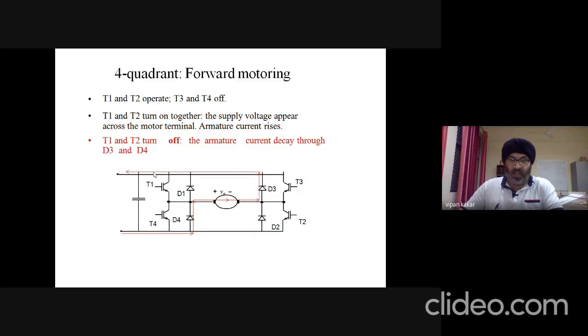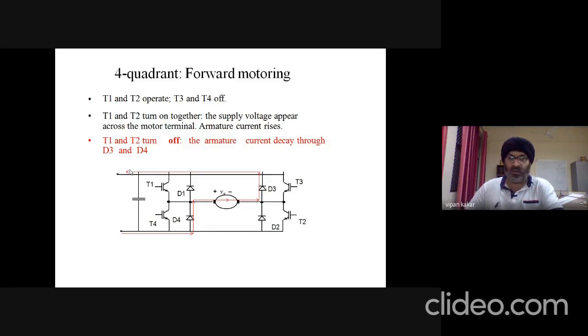Second, when T2 and T1 are now turned off, what happens is this current, which was ramping up when T1 and T2 were on, after turning both of these transistors or switches off, will freewheel through D4 and D3 and follow this path, the opposite direction.